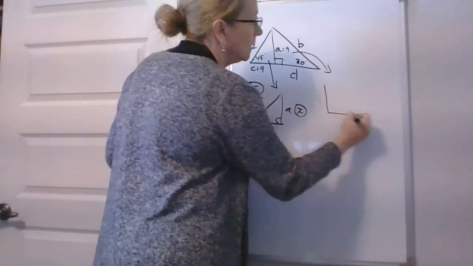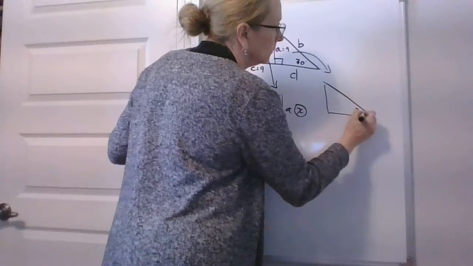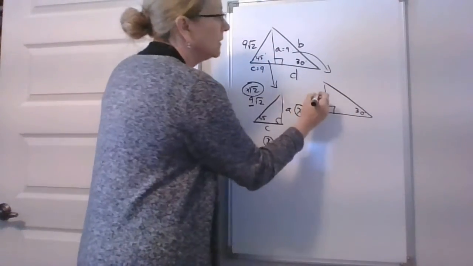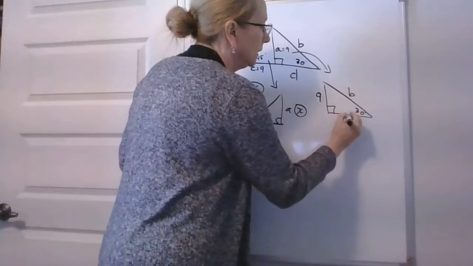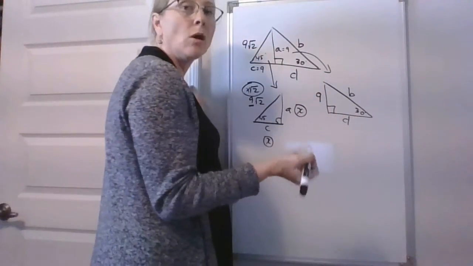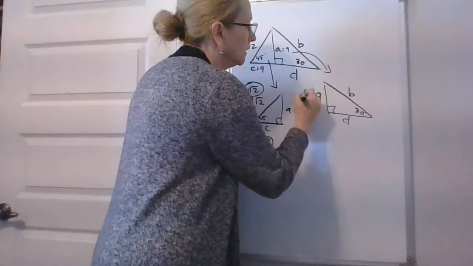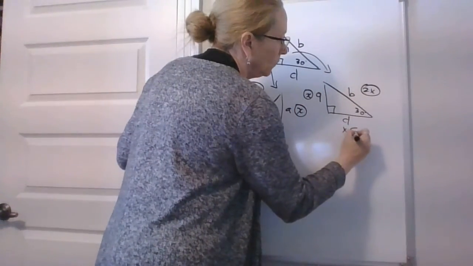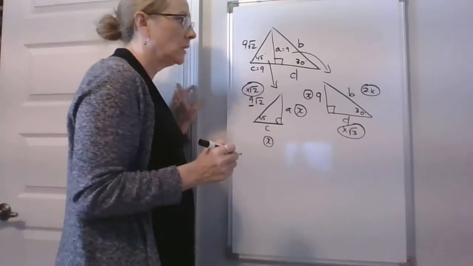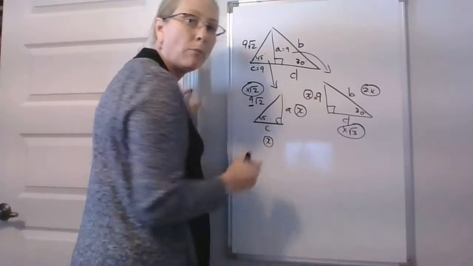Let's move on to our 30, 60, 90 triangle. Now we have a side here that's 9, and we're looking for B and D. Well, our formulas are X, 2X, and X root 3. So we've got it made.